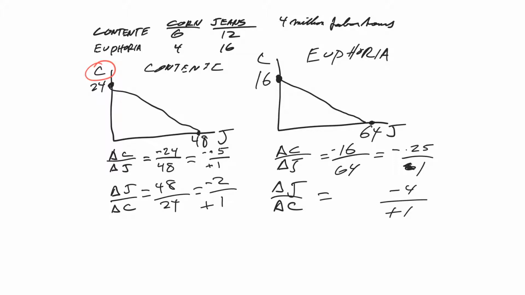Well, how about over here? Let's go back and do jeans. In Euphoria, 1 jean costs 0.25 corn. Over in Contente, 1 jean costs 0.5 corn. So Euphoria is the low-cost producer. They're going to produce jeans. And let me circle that so we remember.